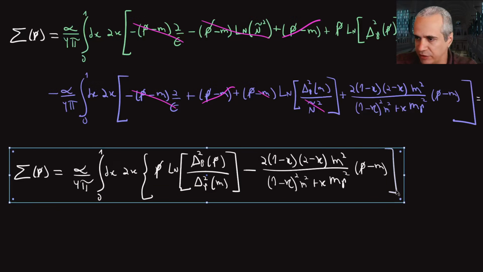The self-energy of the electron at one loop. I can do this integral in Mathematica. I'll show it really quickly in a second or two. Again, the analytical expression for the answer is not very illuminating, but a few things you can already see here which are important to notice.